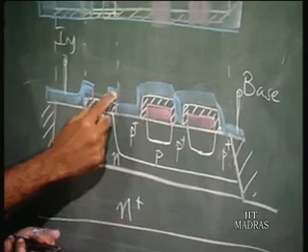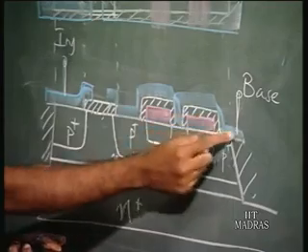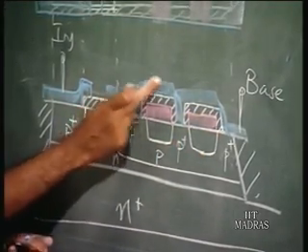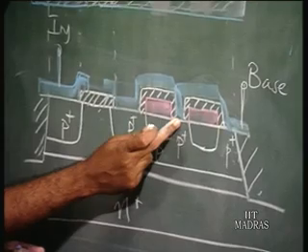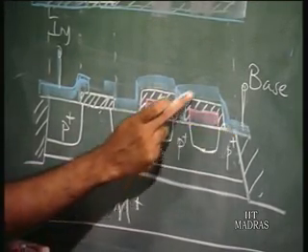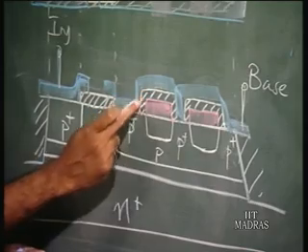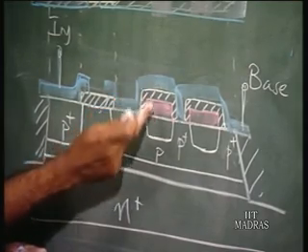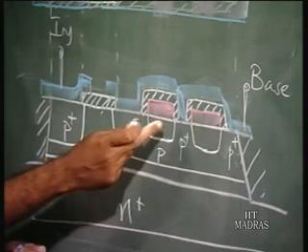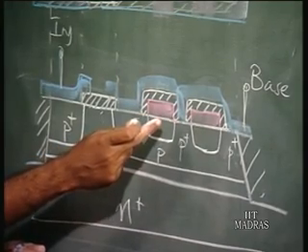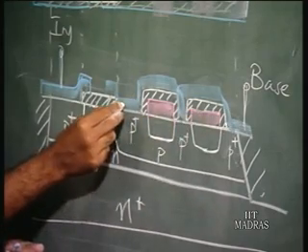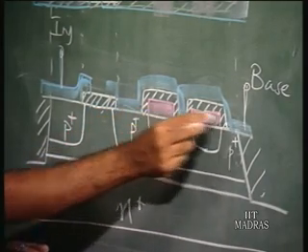The base contact is here, and it comes and makes contact here also. But because of the intermediate oxide region, the collector and the base are not shorted. The collector has a covering of silicon dioxide which acts as an insulator. Now what you have done is you have basically shorted the base here as well as here as well as here.